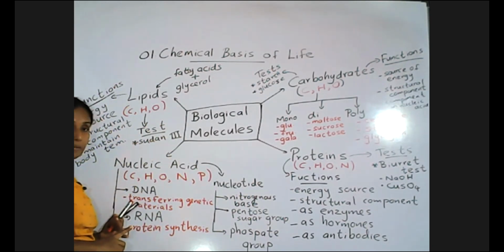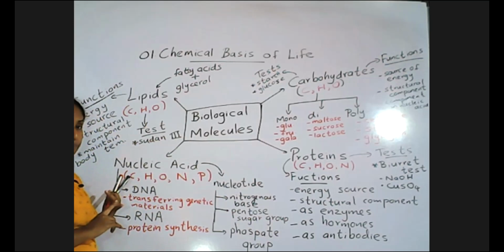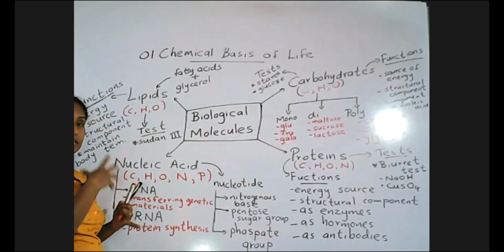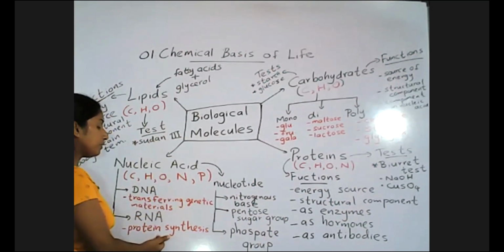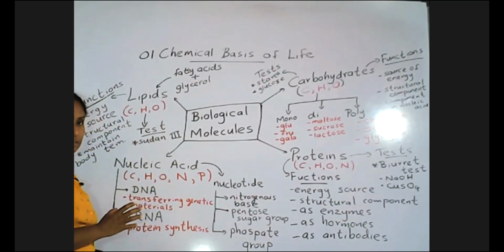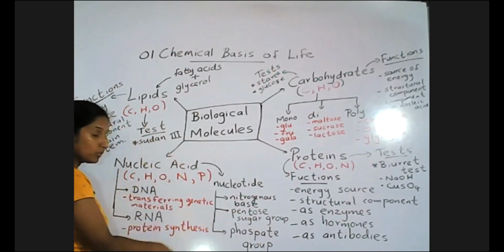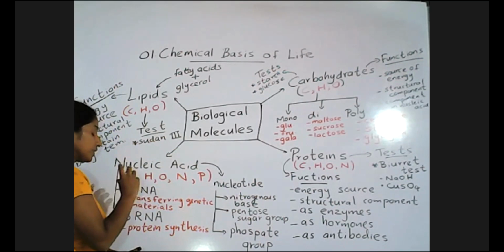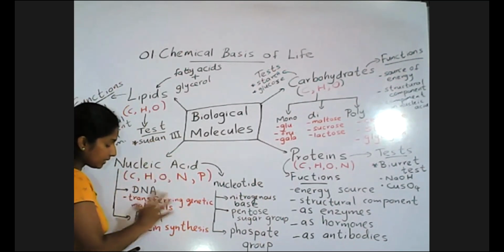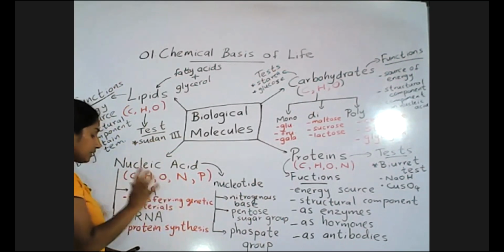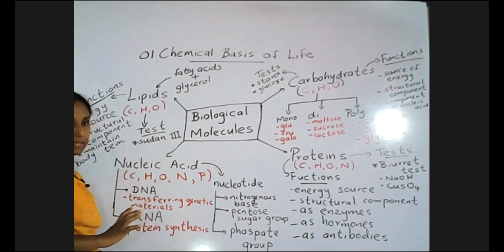What are the functions? Storing genetic information, transferring genetic material from one generation to the next generation, and protein synthesis. As common, you can write all these as the functions of nucleic acid. Or if you are asked separately for the functions of DNA and RNA, you have to write them separately.